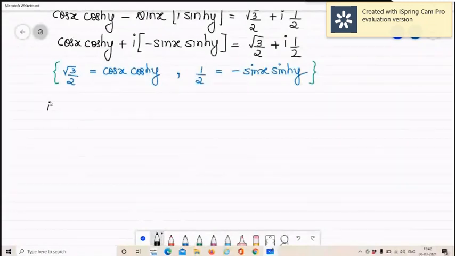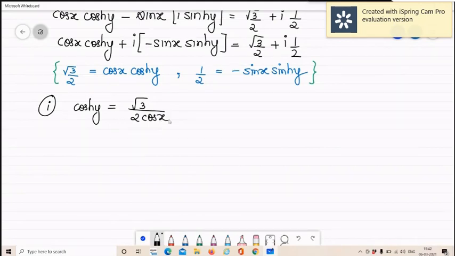So for the first part, cos hyperbolic of y is root 3 upon 2 into cos x. And here sine hyperbolic of y is minus 1 by 2 sine x. So what are we supposed to do?